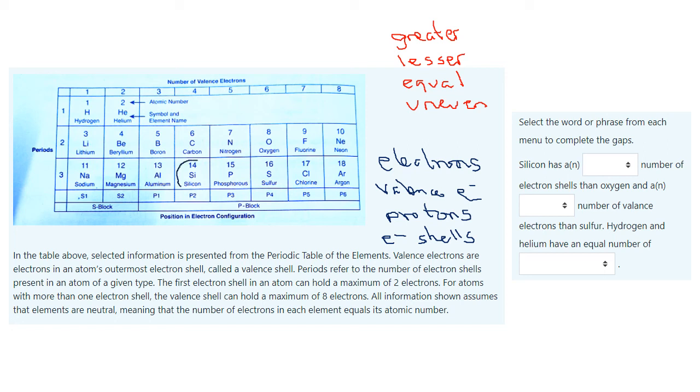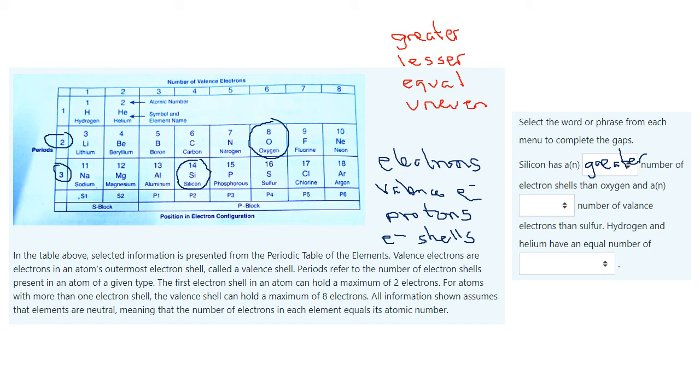Silicon is here, number 14. And silicon has what number of electron shells than oxygen? Oxygen is here. So oxygen has 2 shells and silicon has 3 shells. So silicon has a greater number of electron shells than oxygen.